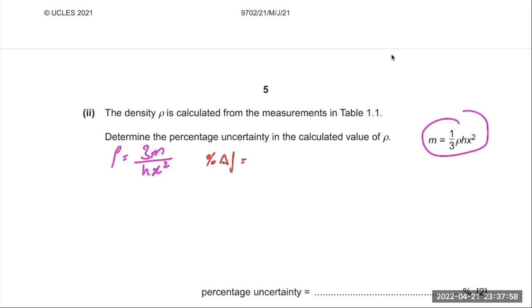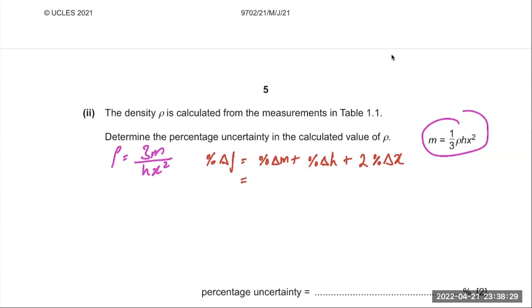When talking about percentage uncertainty, the percentage uncertainty in rho, percentage delta rho, I know that it's the percentage uncertainty in m plus the percentage uncertainty in height plus 2 times the percentage uncertainty in x. Where did we get this 2 from? This 2 is basically the power 2 of this x. If all percentage uncertainties are added, and there is a power, that power is multiplied to that percentage uncertainty.